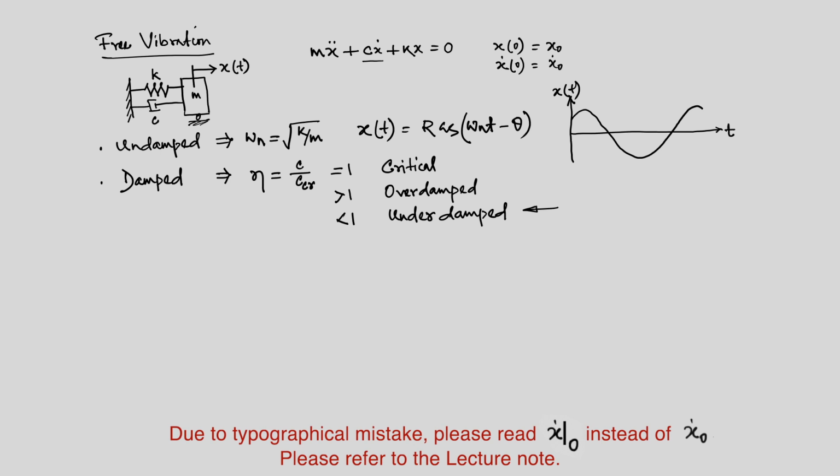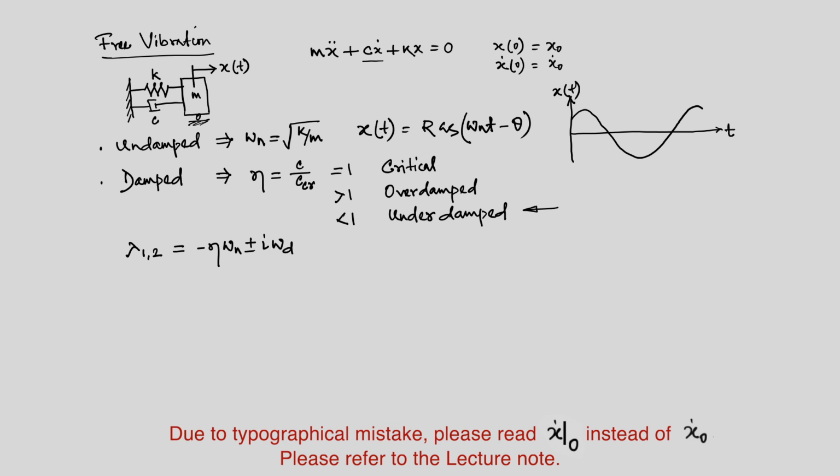Now, for the underdamped case, if you recall, we solved for lambda 1 and lambda 2, the roots of the characteristic equation once we assume some trial solution. Lambda 1 and lambda 2 were minus eta omega n plus minus i omega d.